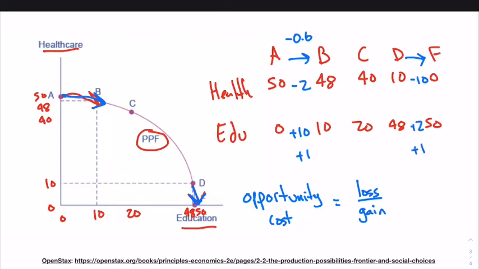So if we were to break this down into how many units of health we have to give up for each education gain, we are having to give up 5 units of healthcare. So we see that as we get closer and closer to education, it's going to be more and more difficult for us to change the production procedures and equipment and capital and retrain the labor to move over to a different industry, which causes an increase in opportunity cost, or in other words, we have to give up even more to be able to gain the same 1 unit of that other product.